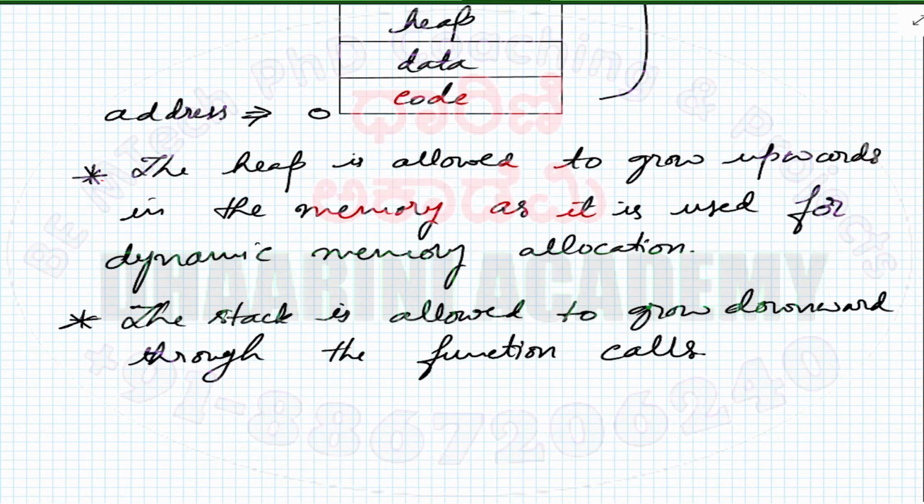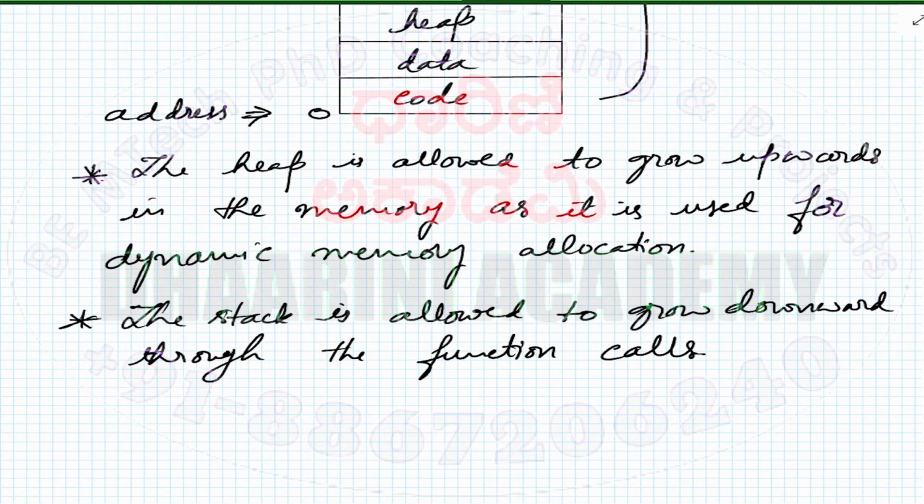So there is a blank space between the heap and the stack. That's the empty space we see in the diagram, and that is also a part of the virtual address space itself. Because it is empty, that's all. It doesn't mean that we are not using it.